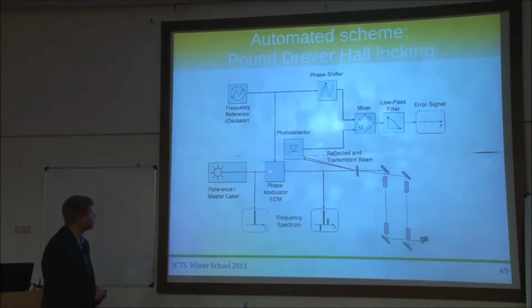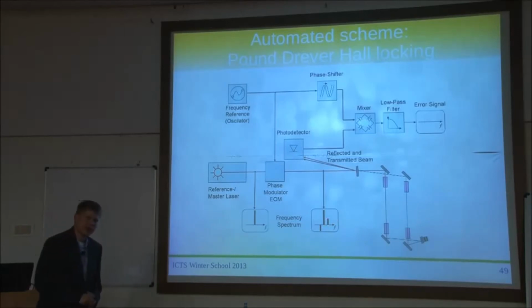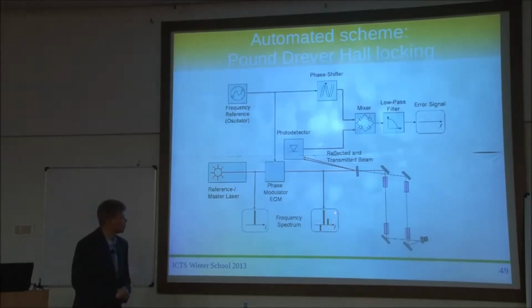That is driven by a certain frequency, given by some sort of local oscillator here. What that does in the frequency picture is add sidebands, an upper and a lower sideband at a distance of exactly this driving frequency. These two sidebands are phase shifted by pi, in other words, they have opposing sign.